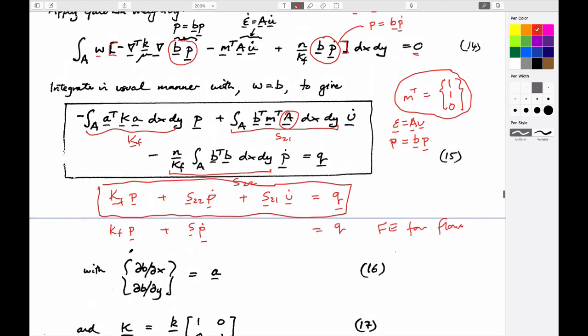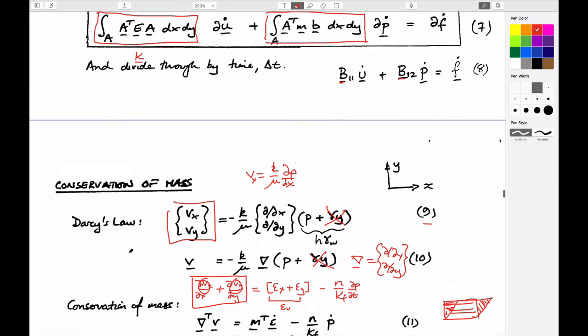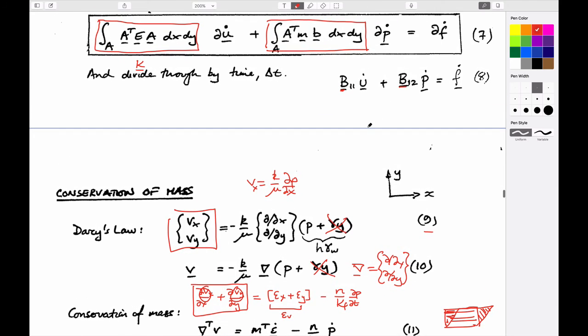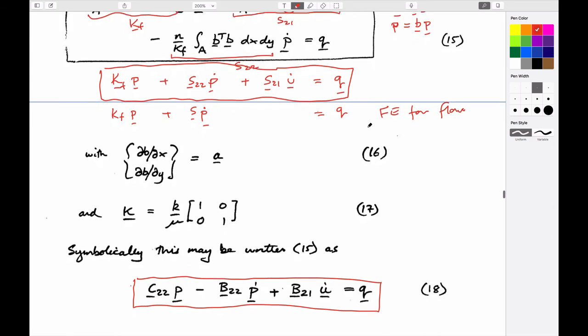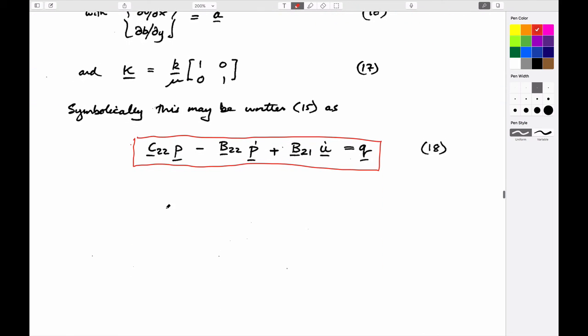And so between this and the one on the previous page, if we write our matrix relationship, then we'd have something that operates on displacements and pressures. If we just write two of them, we ignore all the other terms, plus one that operates on displacement rates and rates of change of pressures, and is equal to some term.